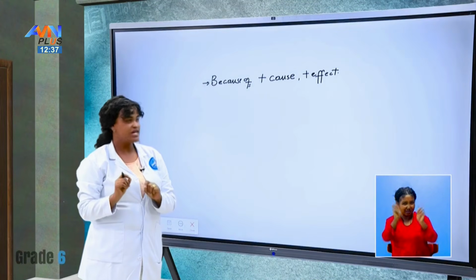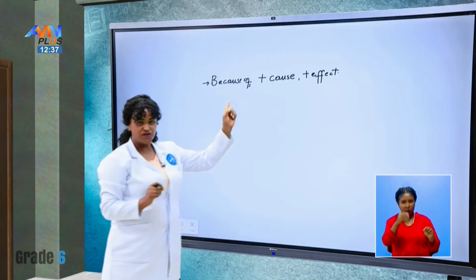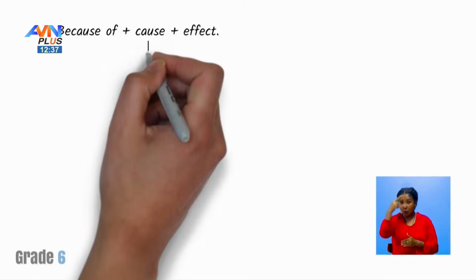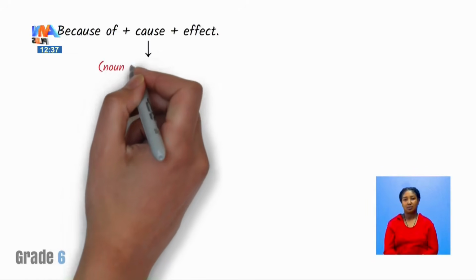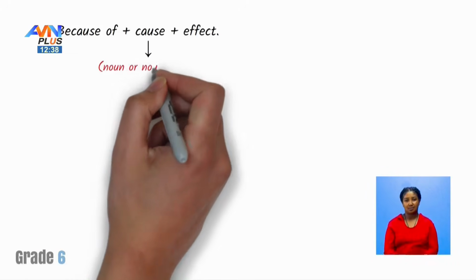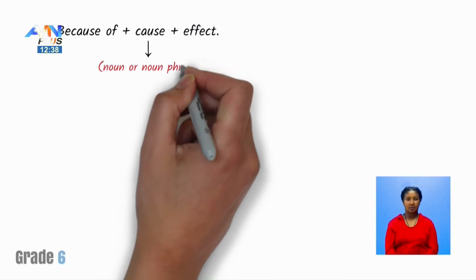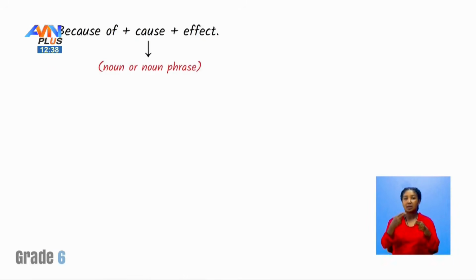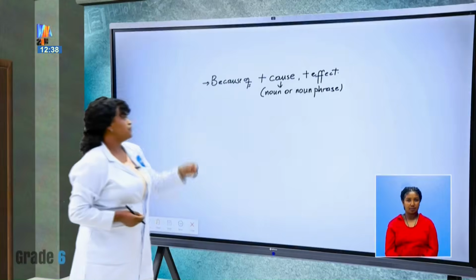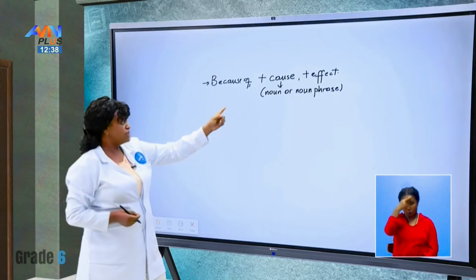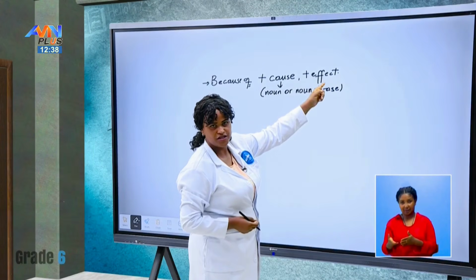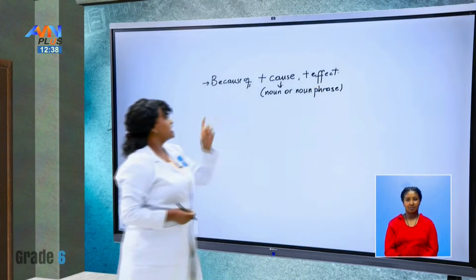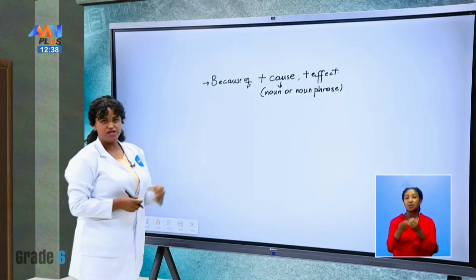Be careful, all right? If it is because of that you are using, then the cause becomes what? Noun or noun phrase. That means a noun with an adjective or a noun with a determiner, okay? If you are using because of, then what comes next is the cause, then a comma, and then what? The effect.